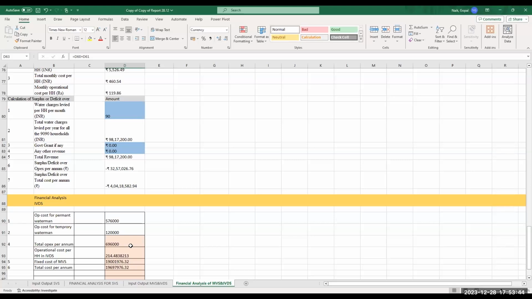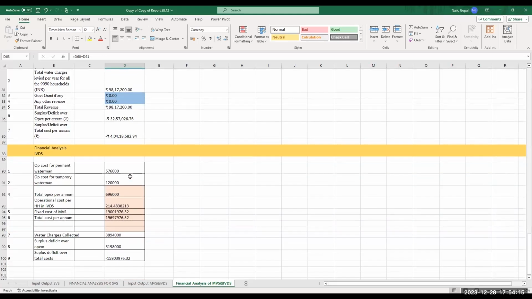You can actually use it, and in case there are problems, or if you find it difficult to get the output and so on, just let us know, and we will be happy to help you, and maybe we can set up a common time to explain this sheet wherever you have problems in understanding. So we can do that.